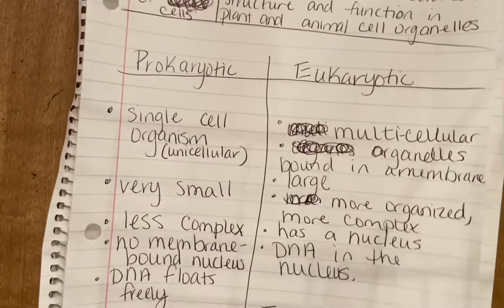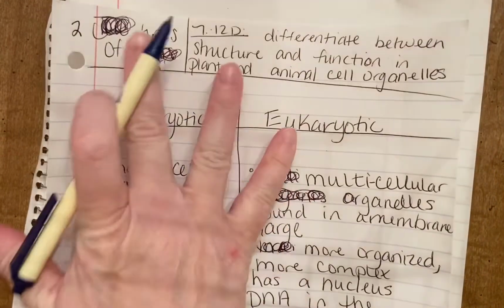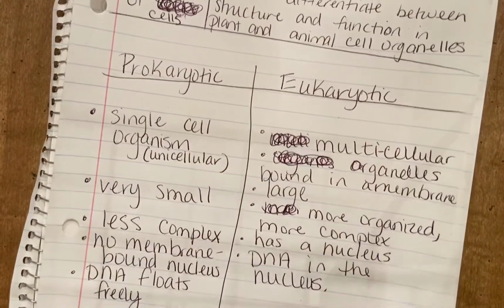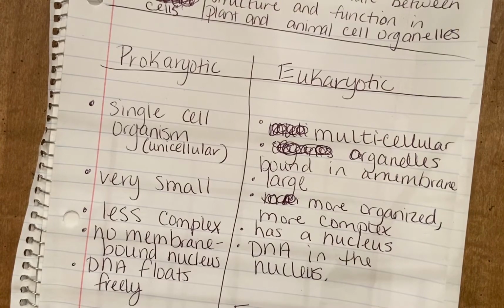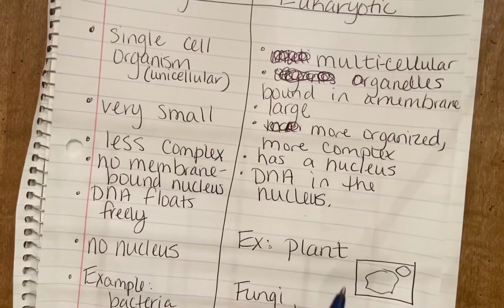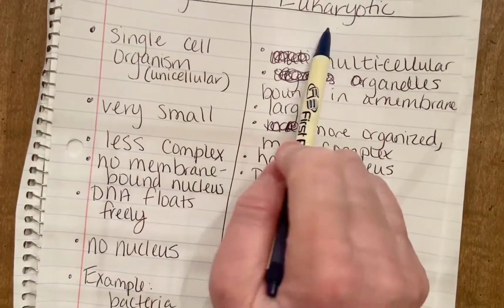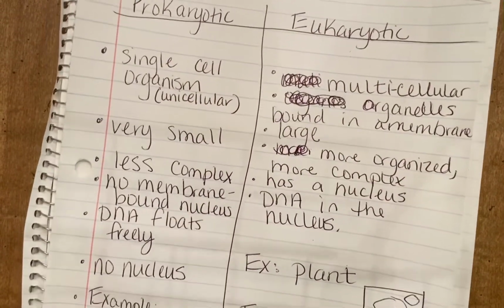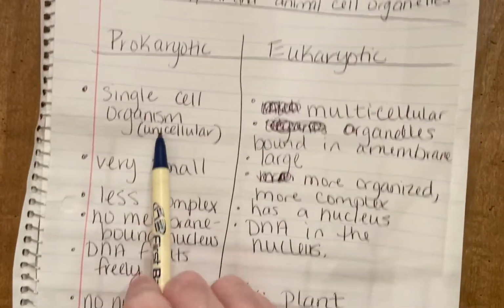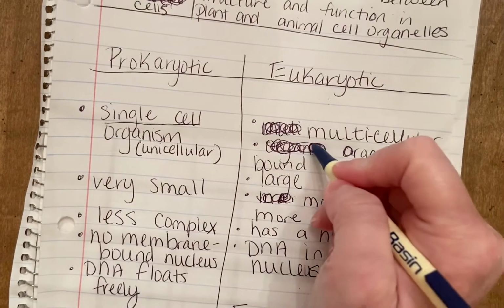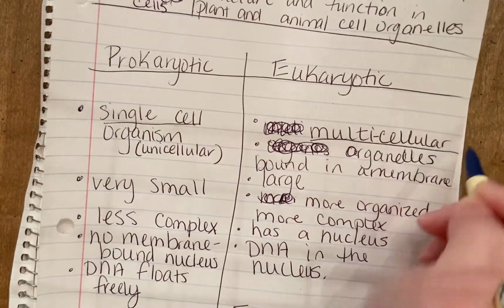Oops, I'm sorry. Let me show you guys this again. Remember, you need your notes. If you're not taking your notes, you need to pause this and rewind. This is important stuff. You need to make sure you know the differences between prokaryotic and eukaryotic cells. The main difference is that prokaryotic cells are single-cell organisms, while eukaryotic are many cells.